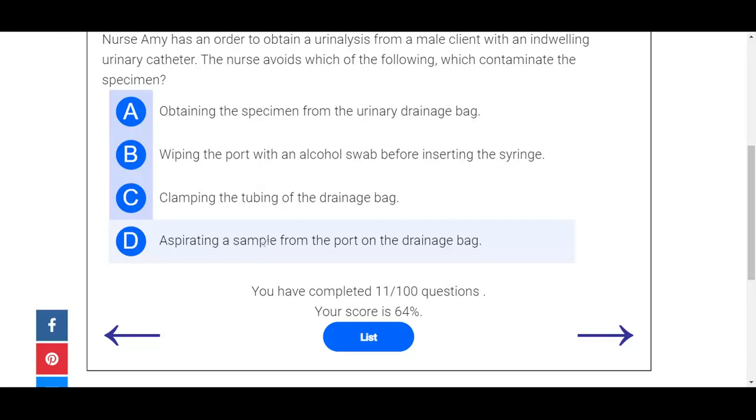If we aspirate a sample, that is safe because we're using a syringe. But if we obtain a specimen from the urinary drainage bag, that drainage bag is quite, you know, we're talking about contamination of the specimen.